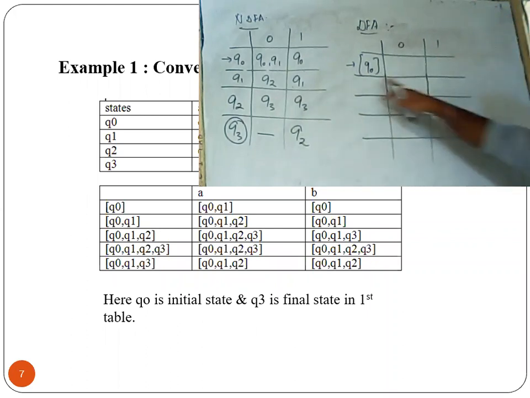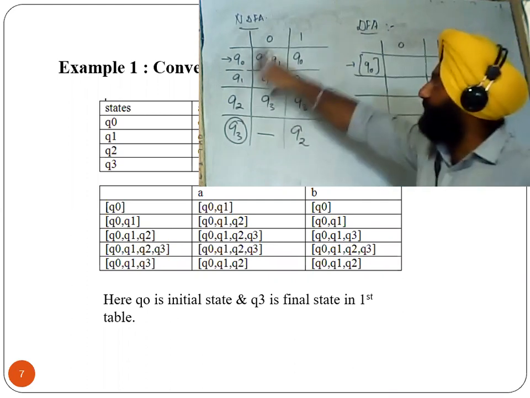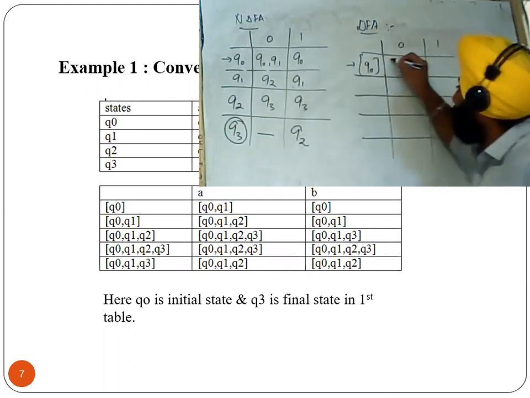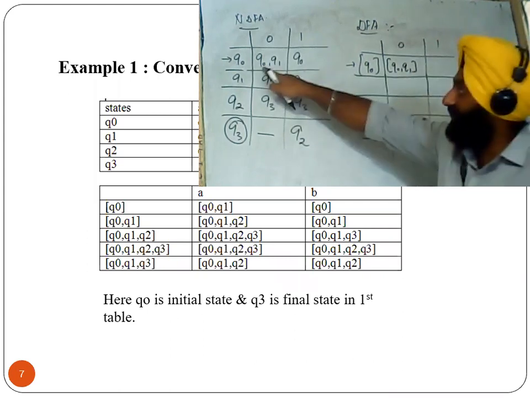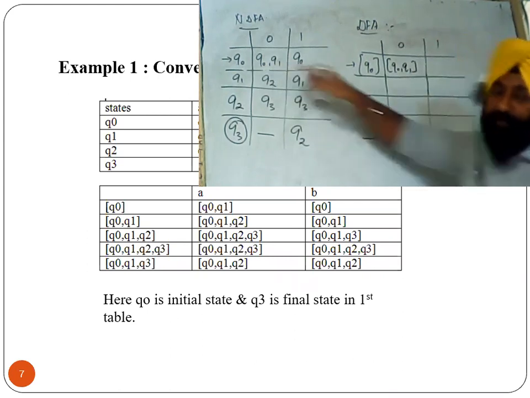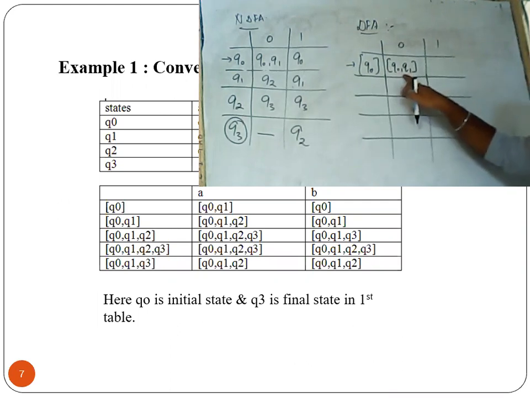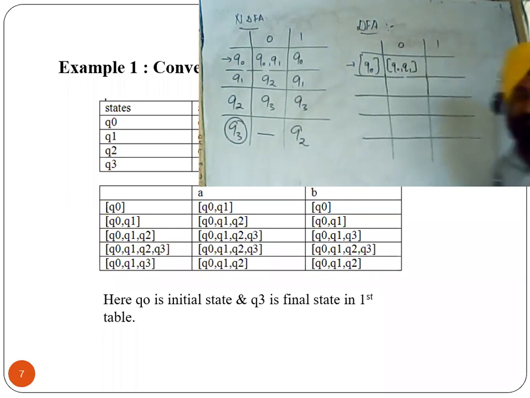So first of all, Q0 upon the processing of 0 goes to Q0 comma Q1. These are two different states, but this is your single state, that is Q0 comma Q1. I hope the concept is clear.